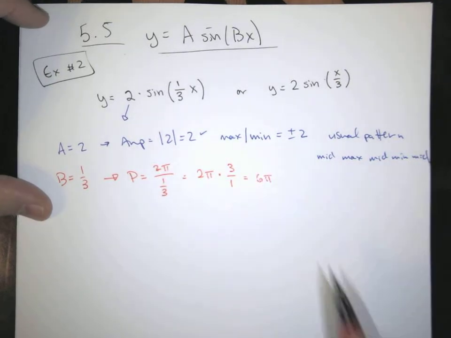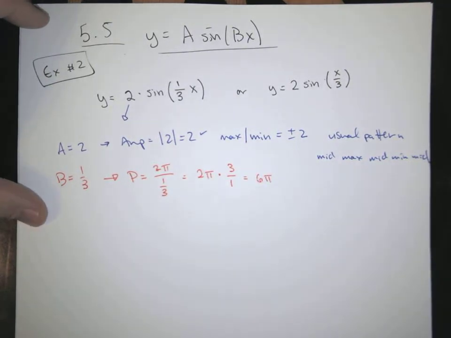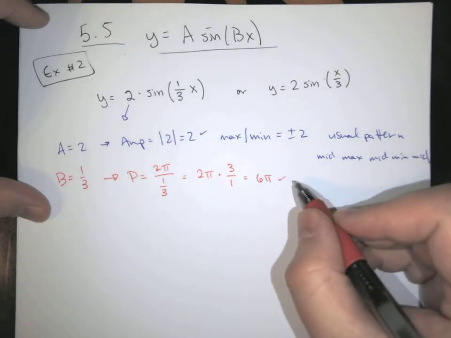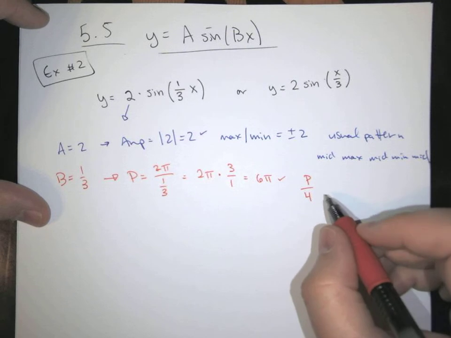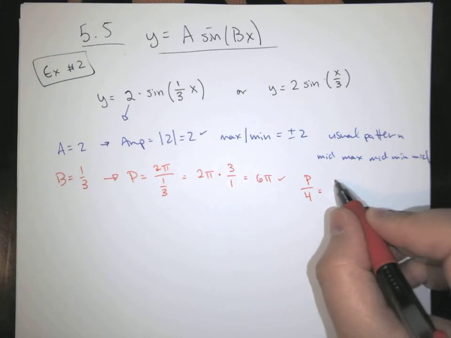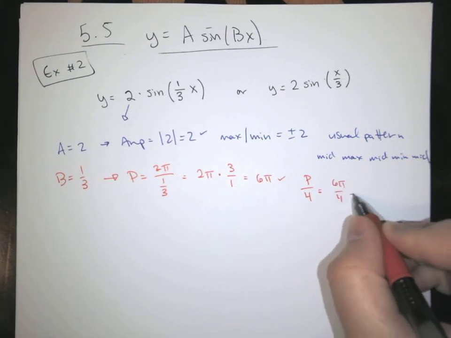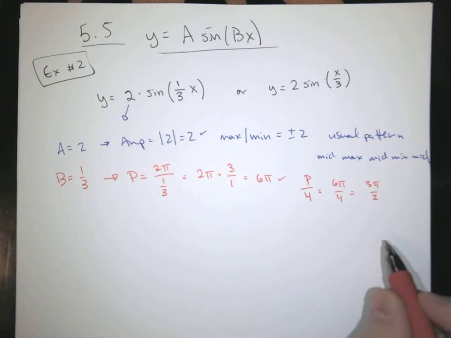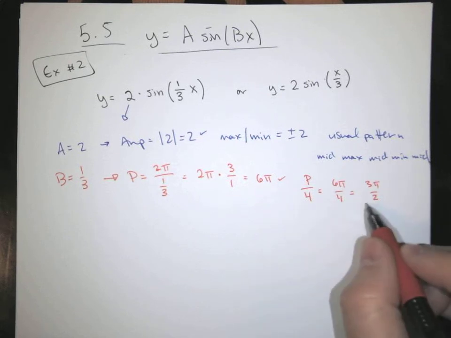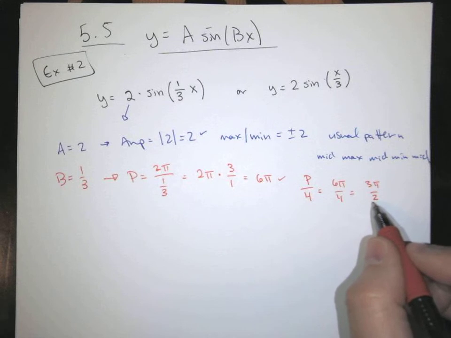That would be 6 pi. So my cycle length is 6 pi. Then my quarter cycle, where my different points are going to fall, is 6 pi over 4, so the distance between my points would be 3 pi over 2. This would be 1 1/2 pi.